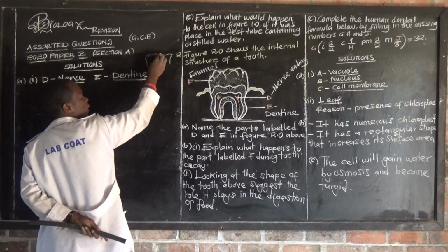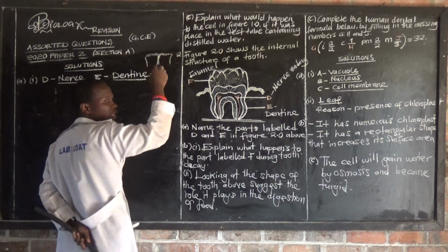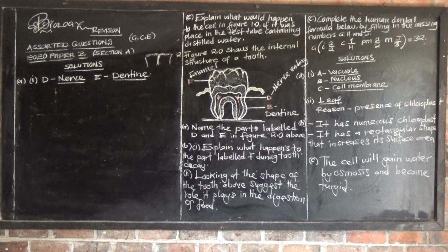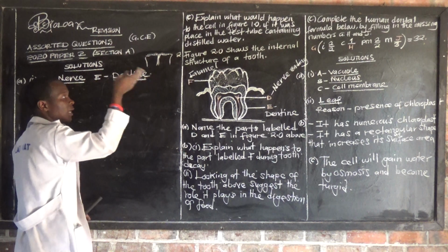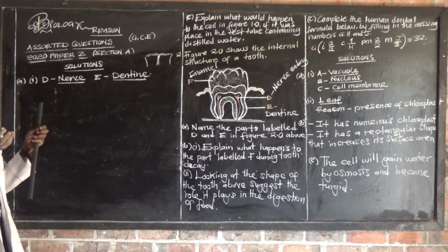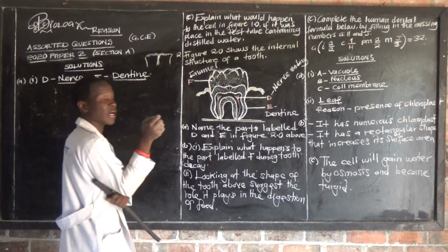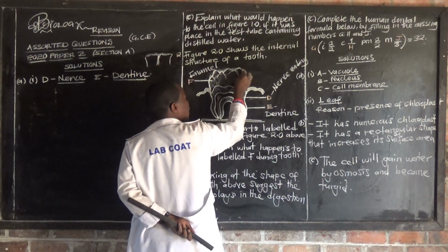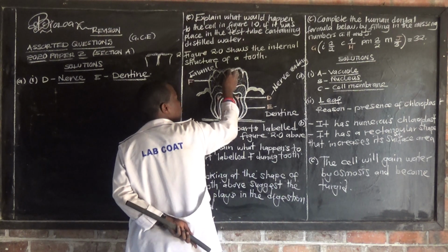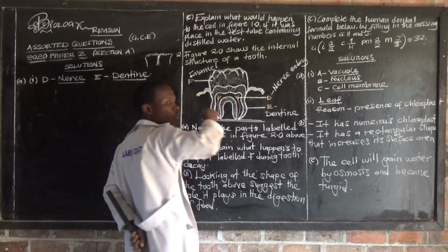Now these food particles contain bacteria. The bacteria is going to undergo fermentation. When the bacteria undergoes fermentation, it releases acid. Now that acid is going to dissolve the calcium salts of this enamel, hence forming a cavity.